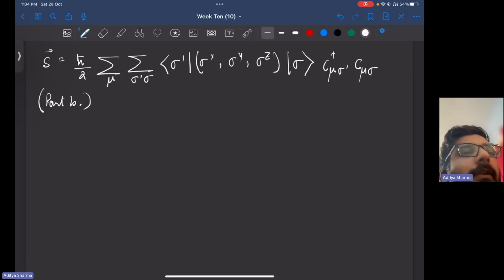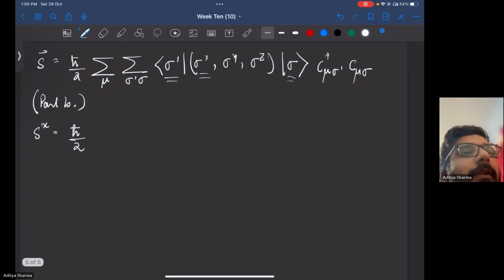So we need to find Sx, Sy, Sz explicitly. Okay. So let's do it for Sx and you'll understand how to do it for Sy. For Sx, you're going to choose this matrix, and these are the various combinations of ups and down spins which you can have.